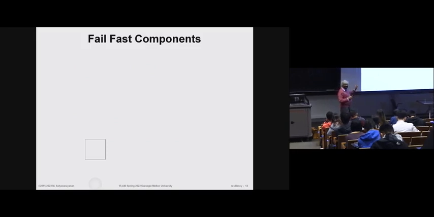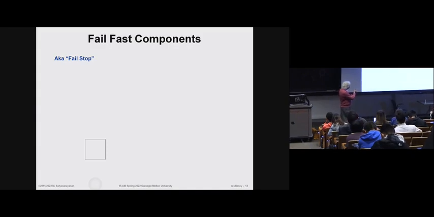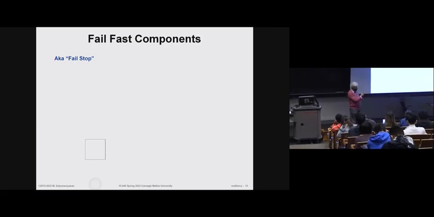So this distinction that I just talked about brings us to a very important distinction. Components are called fail fast. The same word is also sometimes called fail stop. So if you see in a paper fail stop or fail fast, they mean the same thing.